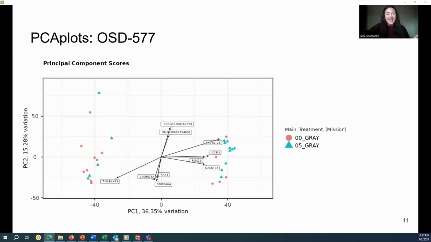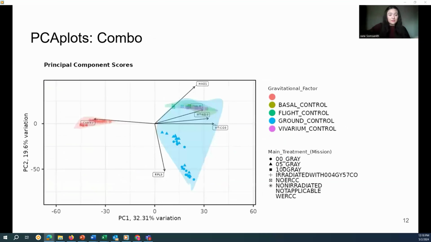And so I also went in and looked at the single genes that had the most variation. With the single study here, we can see these genes have the highest variance. And then I also have this one for the combo matrix, and they're quite a different set of genes.